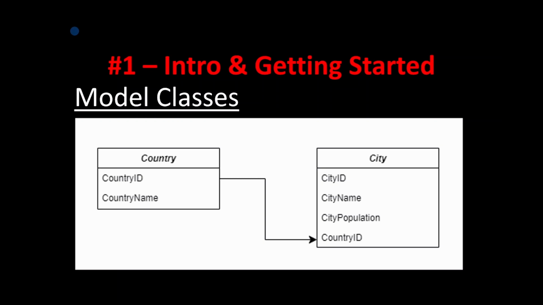So you'll see that for the country, we'll need an ID and a name. And for the city, we'll need a city ID, the name. I'm putting in the population, and I'm also putting in their country ID. That's known as a foreign key, and that will be the link between the country table and the city table.